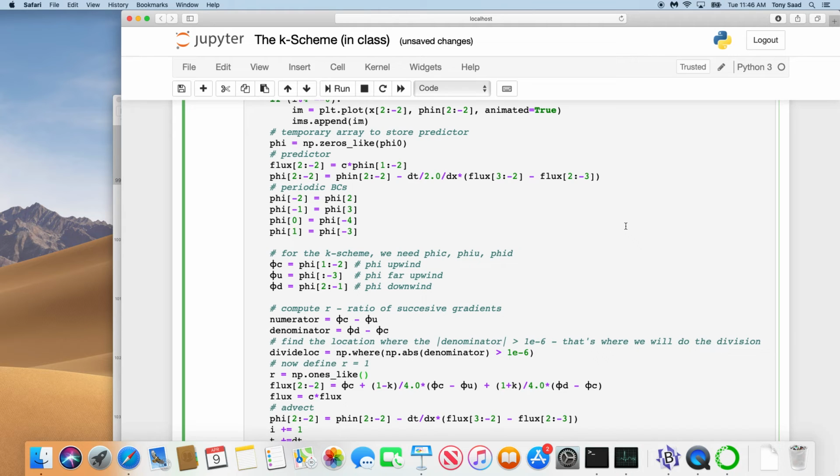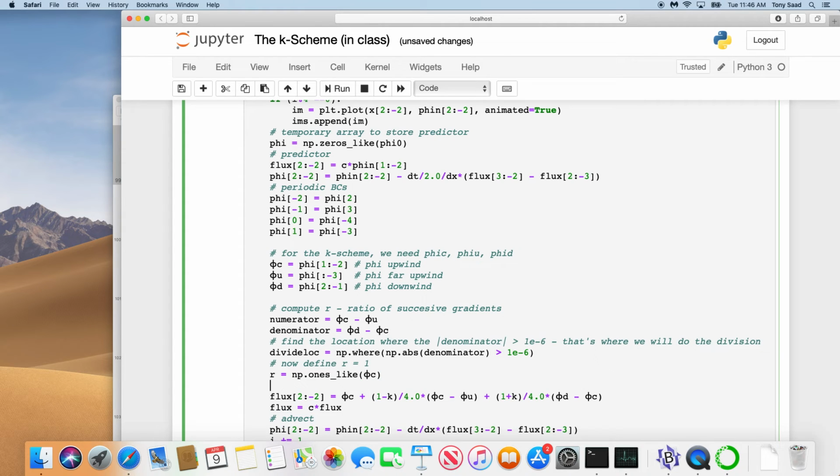But I think it's not going to matter if I do it equal to phi C, so np.ones_like phi C. And then we say R at divide locations. Those are the locations where the denominator is not 0. That's simply numerator at the divide locations over denominator at the divide locations.